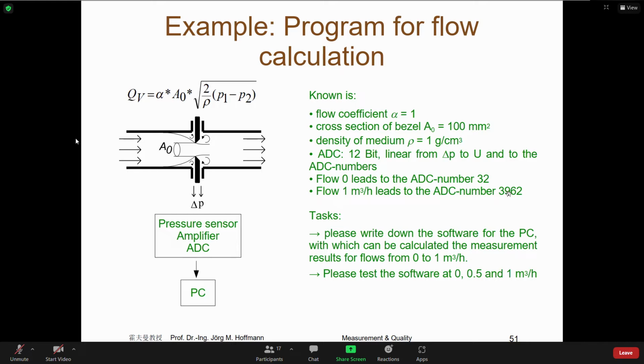And these are very typical values. You are not with the highest number, you are not absolutely in the end of the range. That is normality. And the ADC number 32 at 0 is also understandable, because I can show you that in the drawing.